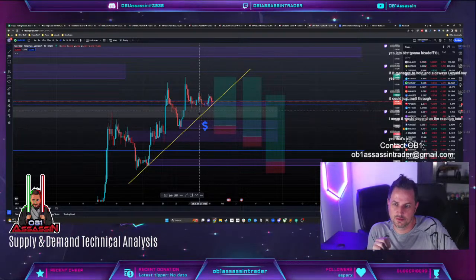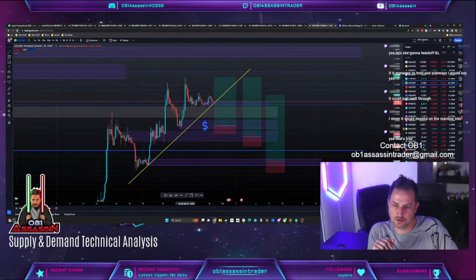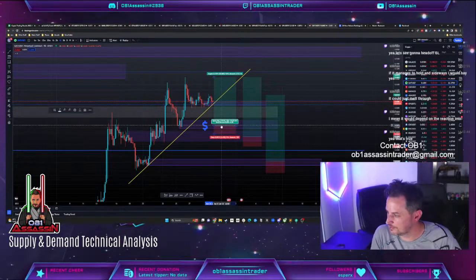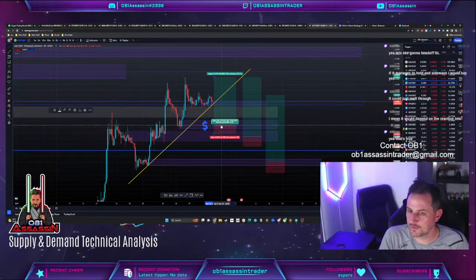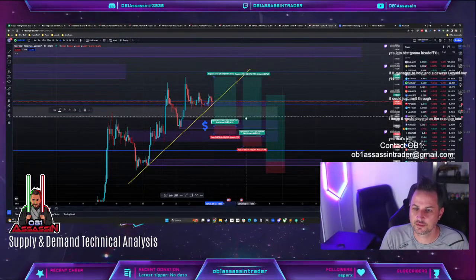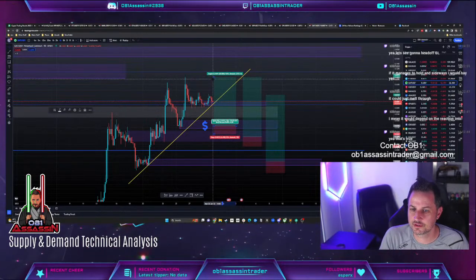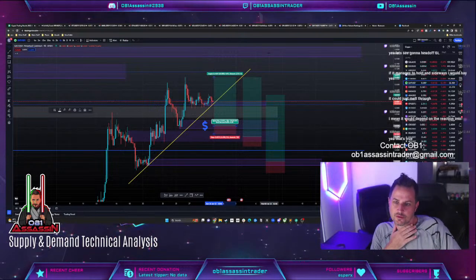Especially right here. There's no bullish structure here to grab onto a trade, so I think this level here is the one to go to. I think that's the right one there. That'd be what I take. It's a pretty good trade though, a risk to reward ratio of 7.